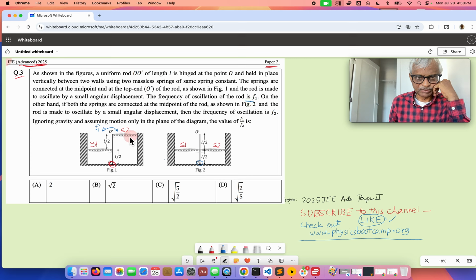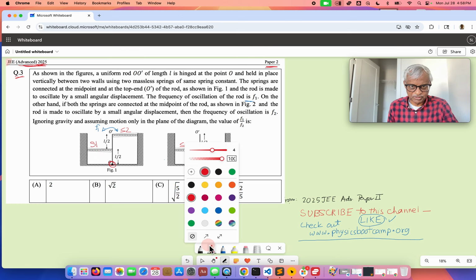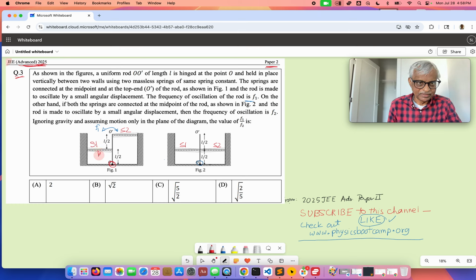The second spring is now attached over there. The springs are identical. Identical springs means each has some value K, and it's the same K, the same spring constant.